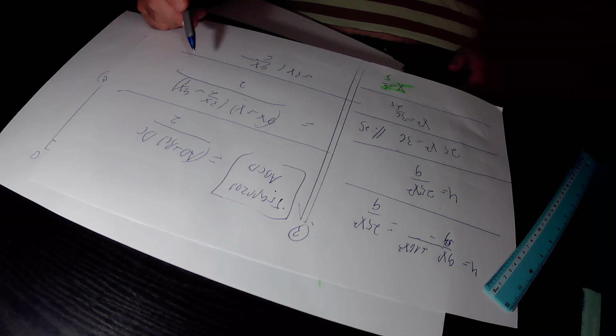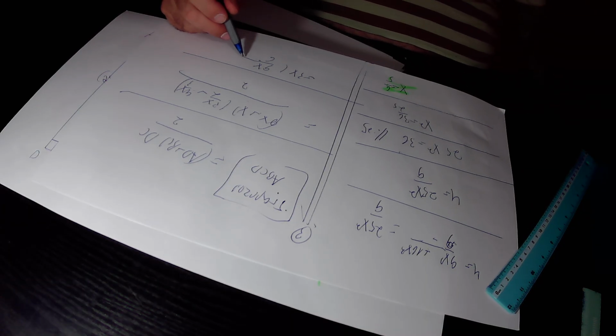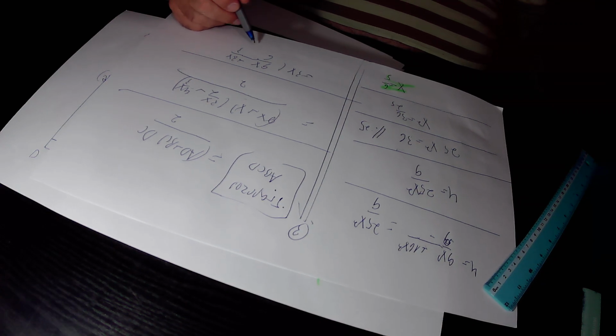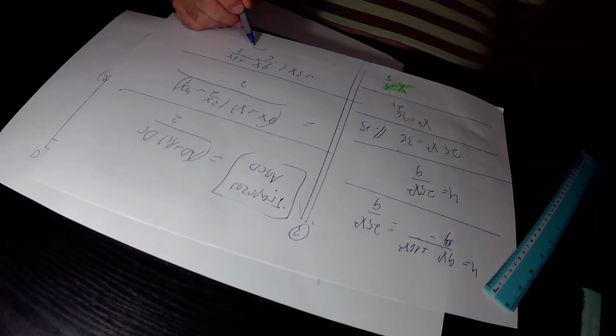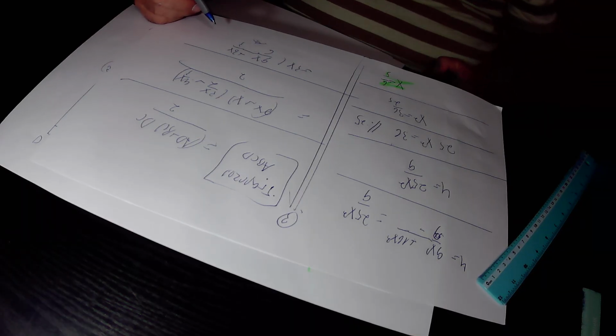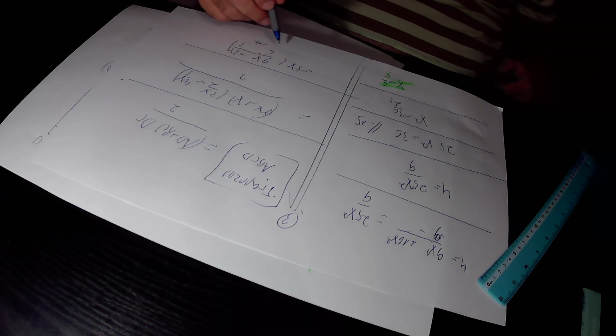So 4x times 2 is 8x over 6, in order to divide all by 2.